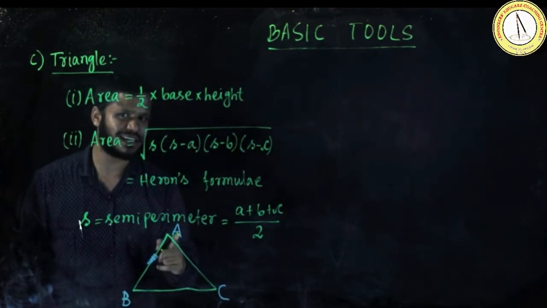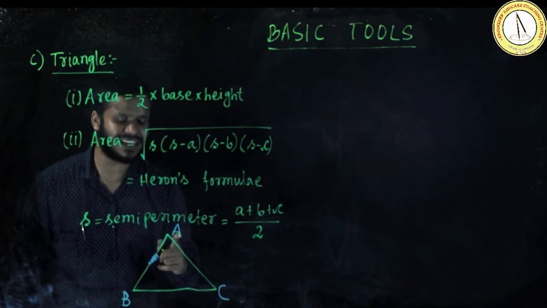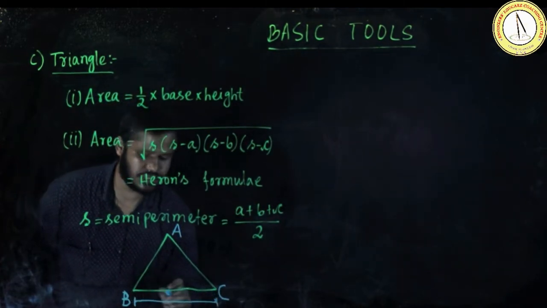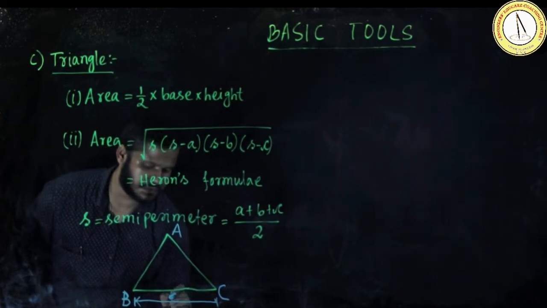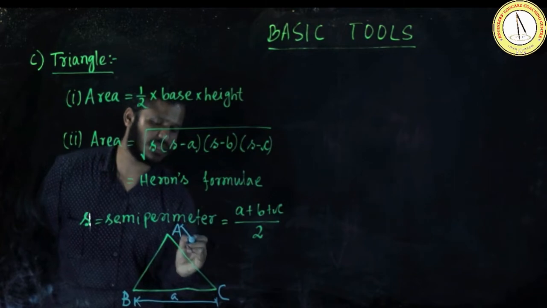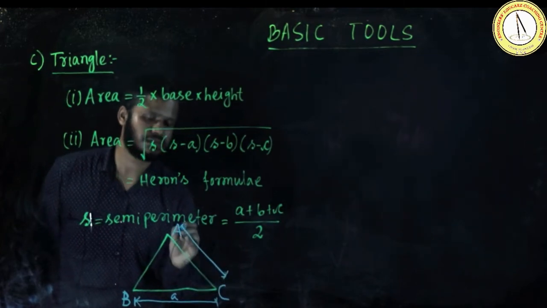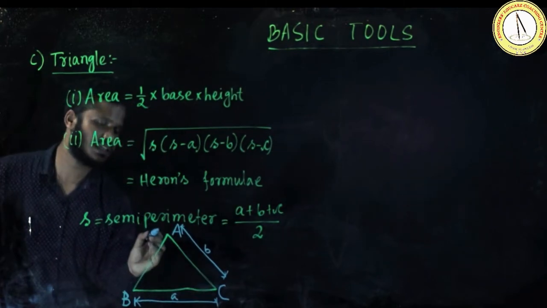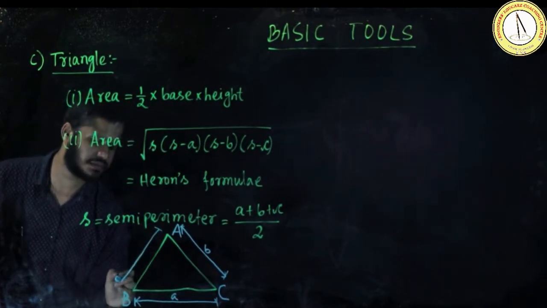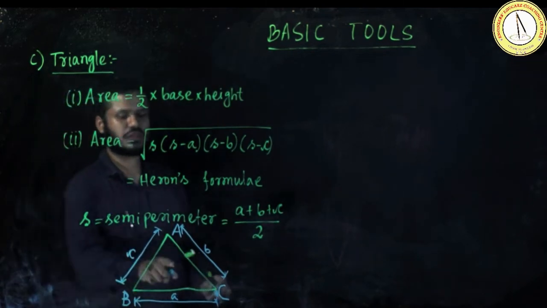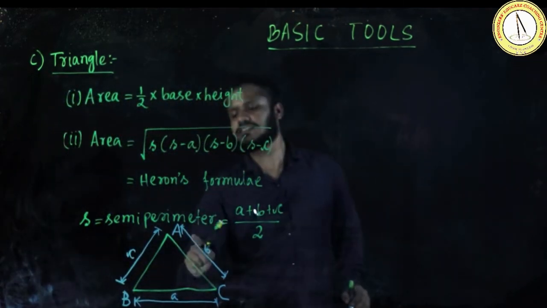Opposite to this angle. Remember, opposite to angle A is called side small a. Opposite to angle B, this side will be called small b. Opposite to angle C, this side will be called small c. So now, for this formula, this is the figure.